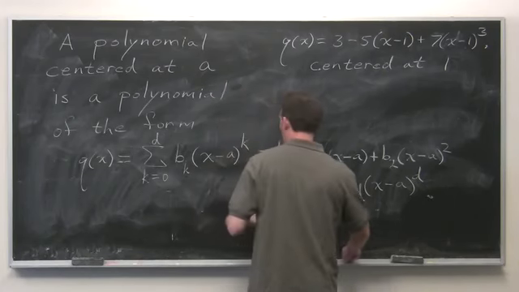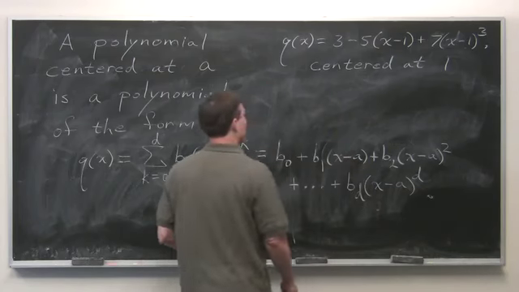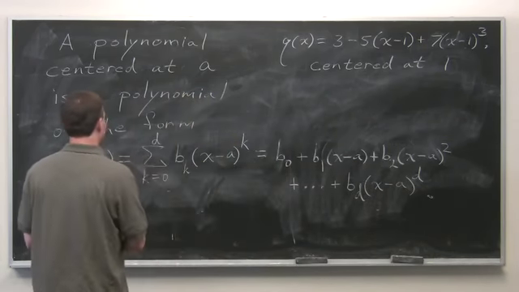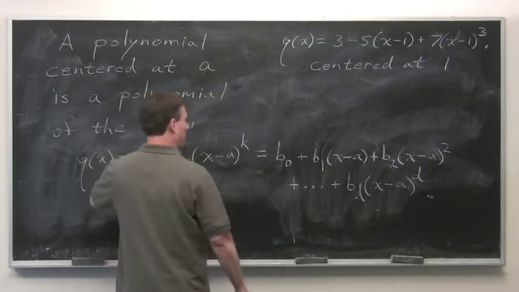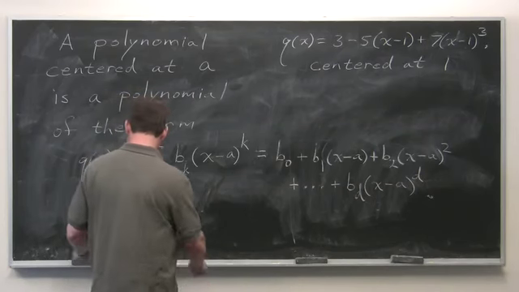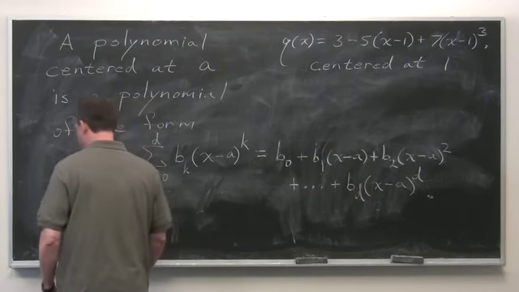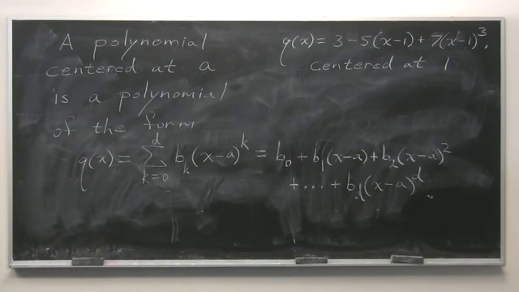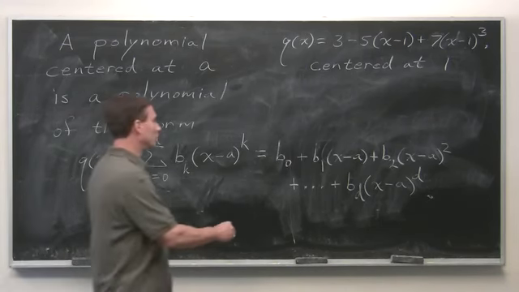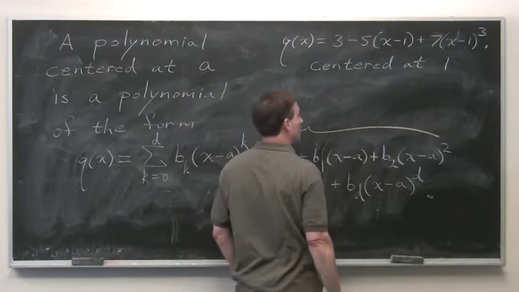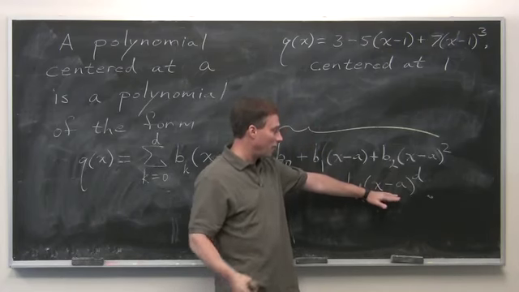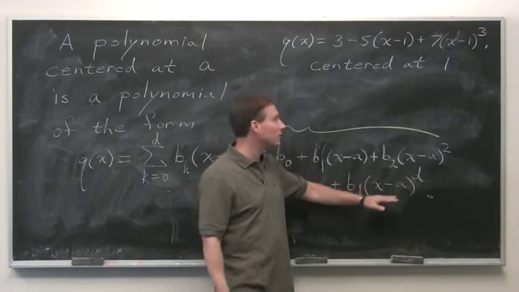So the whole point of writing your polynomial centered someplace else is that when you have a polynomial centered at a, when x is close to a, so that means x minus a is close to 0, the higher powers of things that are close to 0 matter less.